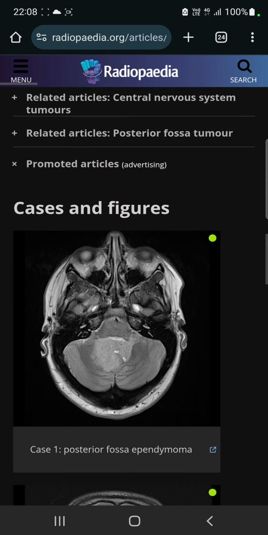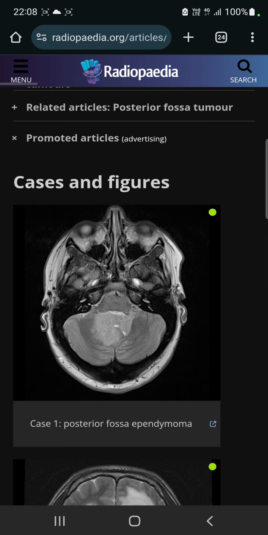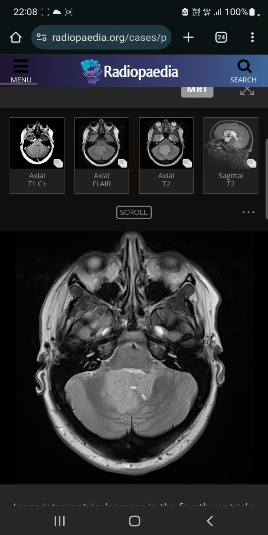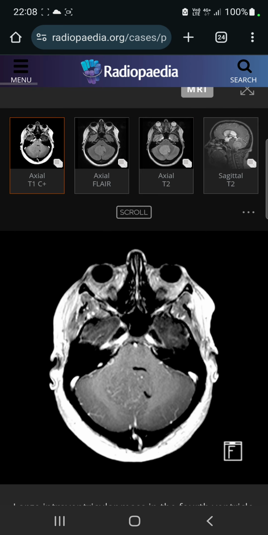So as you can see here, for example, there is a tumor around the area of the brainstem, around the fourth ventricle, that is usually isodense without gadolinium, but when there is gadolinium, those tumors can heterogeneously enhance.